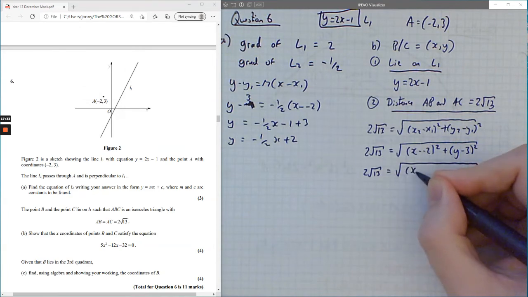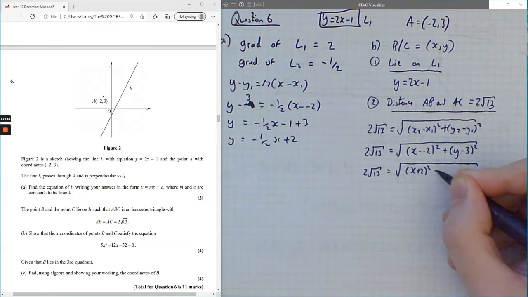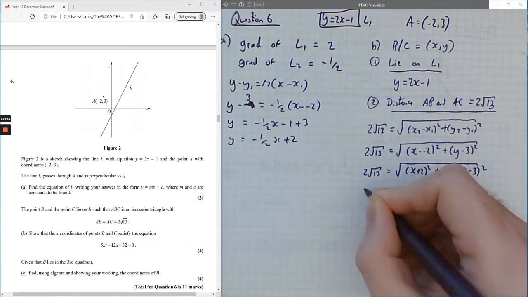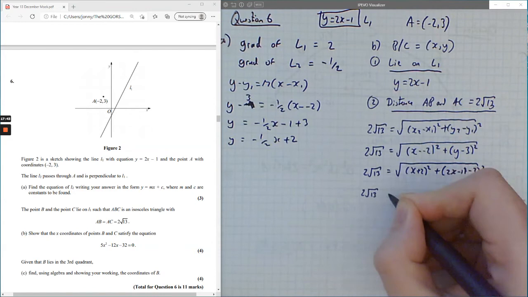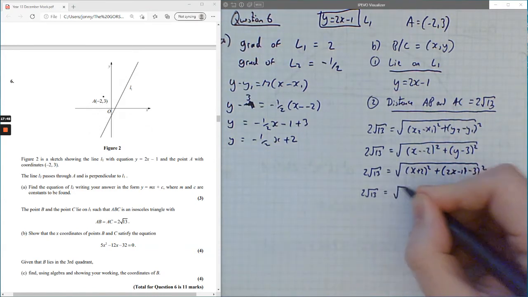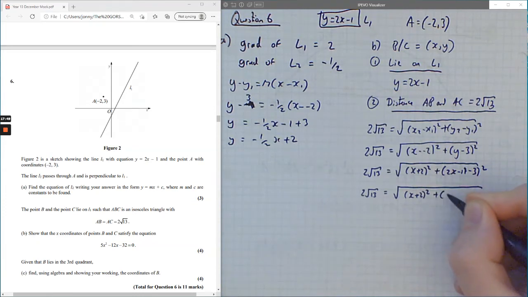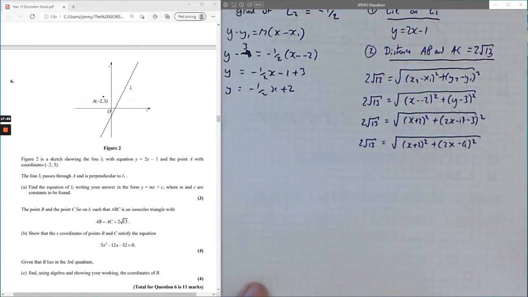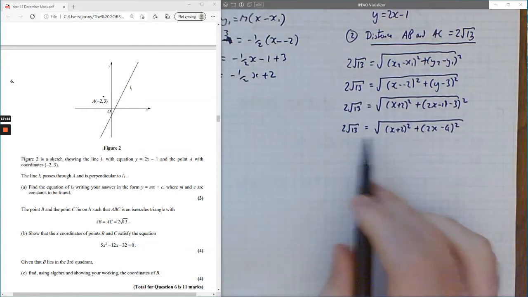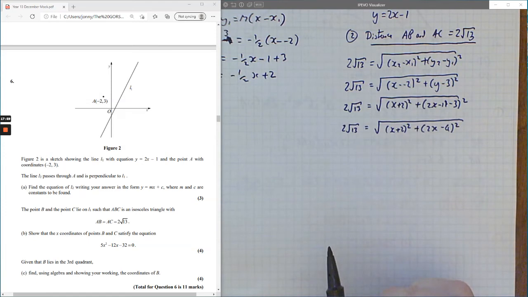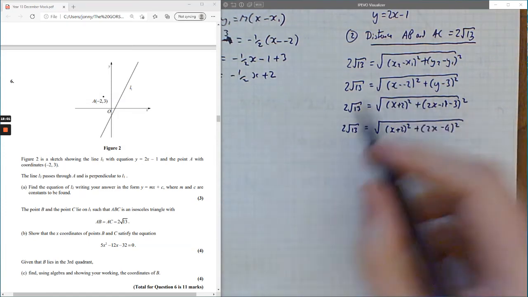So this then becomes x plus 2 squared plus 2x minus 1 minus 3 all squared. 2 root 13 equals square root of x plus 2 squared plus 2x minus 4 all squared. Okay, so now we've got an equation. Apparently it's supposed to give us 5x squared minus 12x minus 32. So let's set about cancelling this.